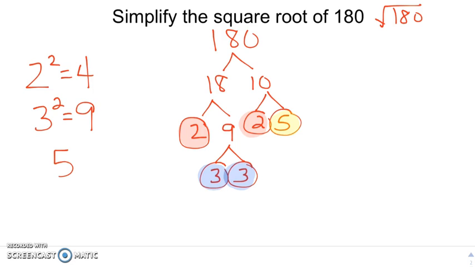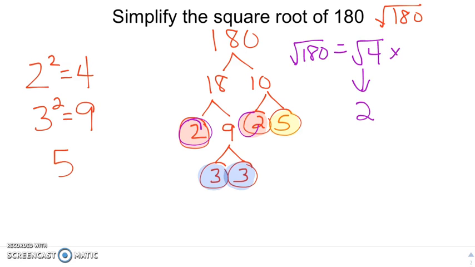Therefore, I can break down the square root of 180. I know that the square root of 180 would be equal to the square root of 4, because that answer is 2 times 2, times the square root of 9, because of my 2 3's, and I have a 5 by itself, so times the square root of 5, which I can't simplify anymore.